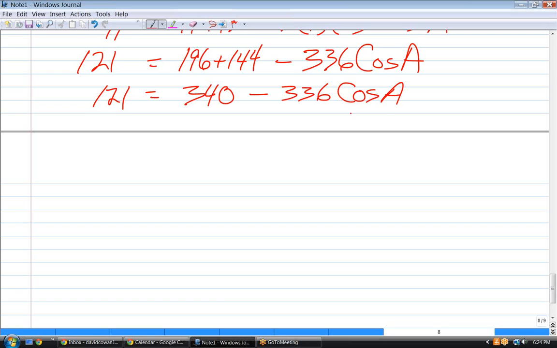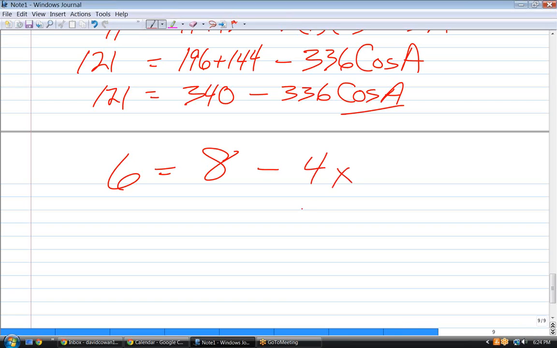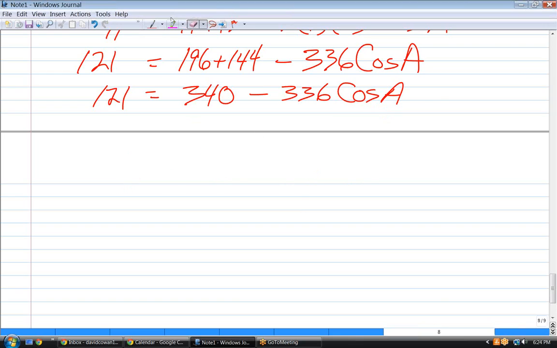We're trying to solve for that, so we have to isolate it. This is the same as if I said 6 equals 8 minus 4x. I'm going to subtract 8 from both sides, divide both sides by minus 4, and solve for x. The algebra is exactly the same.